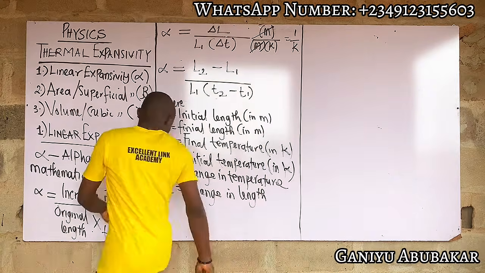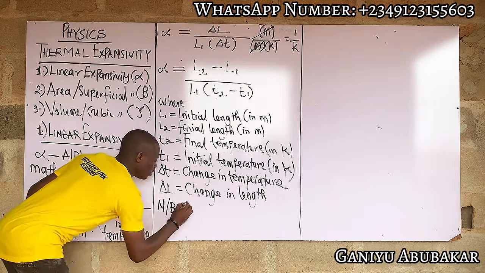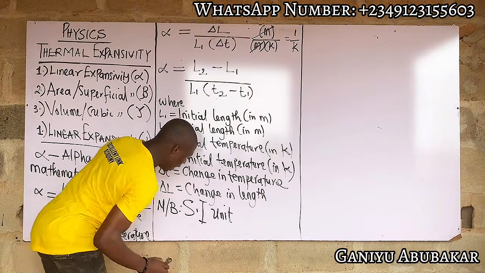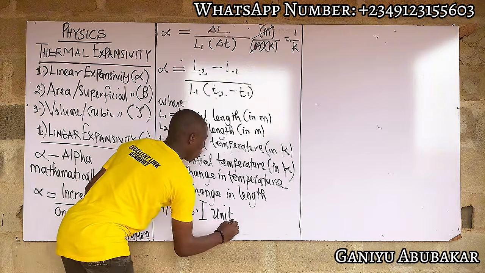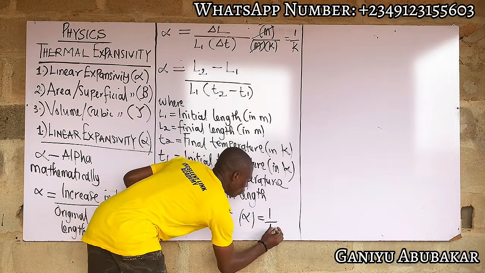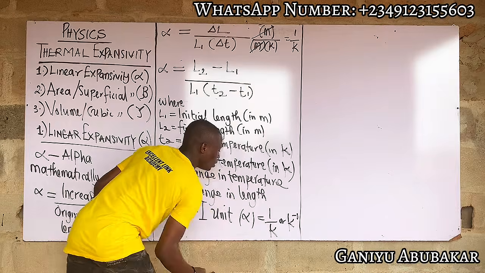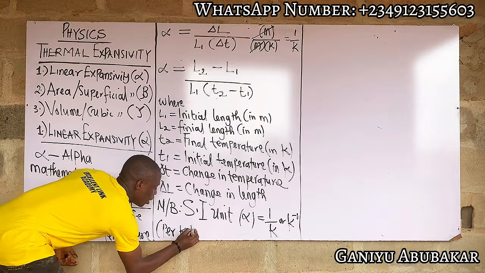So at this point now, note that the SI unit for alpha is given as what? 1 over K, or per Kelvin.